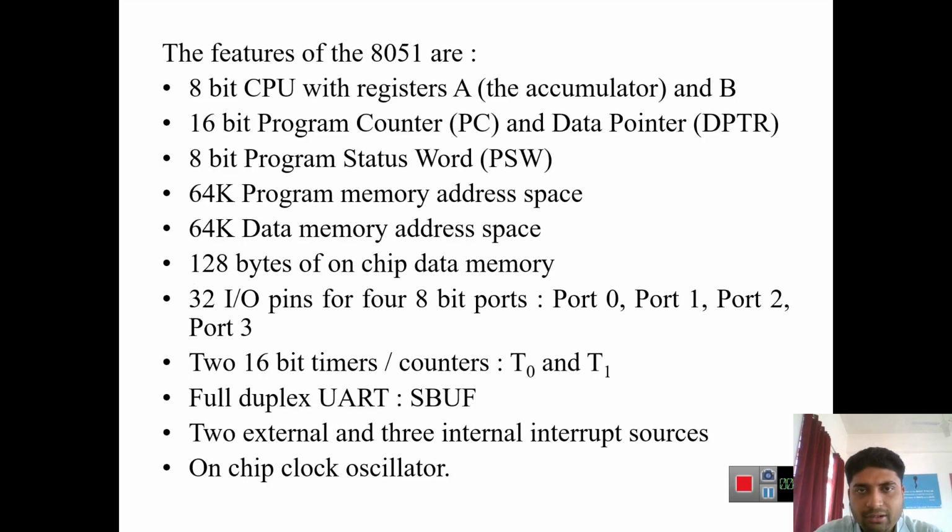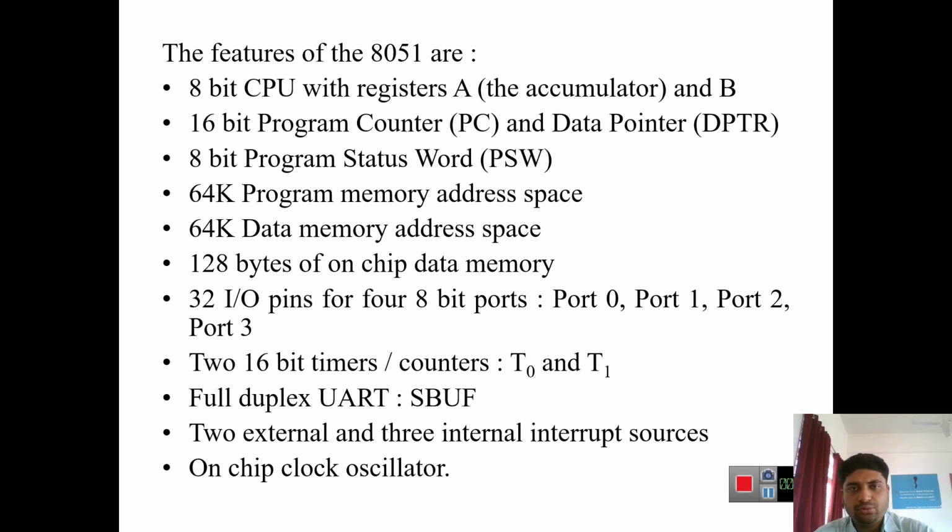Next we have two 16-bit timers, T0 and T1. Then it works on the UART method, which is very important: universal asynchronous receiver transmitter. In this manner we can communicate in both ways; we are able to send as well as receive. That is the main concept of UART, and it has on-chip oscillating circuits.